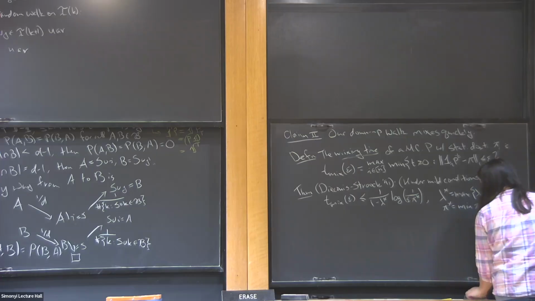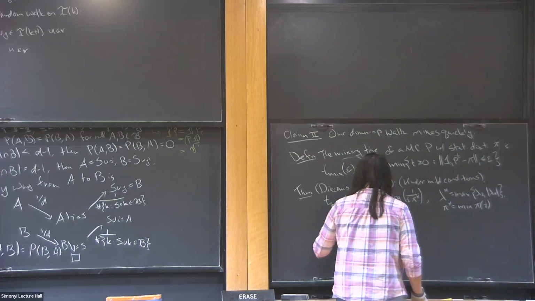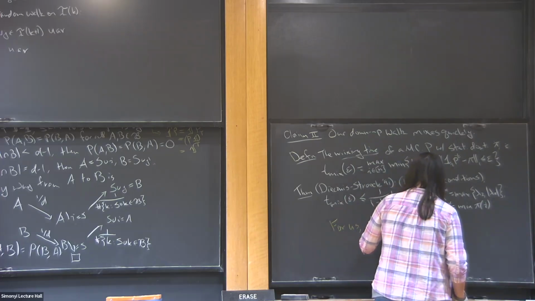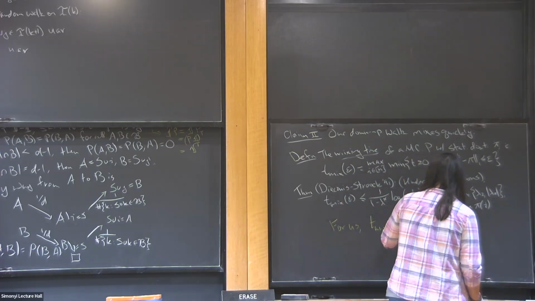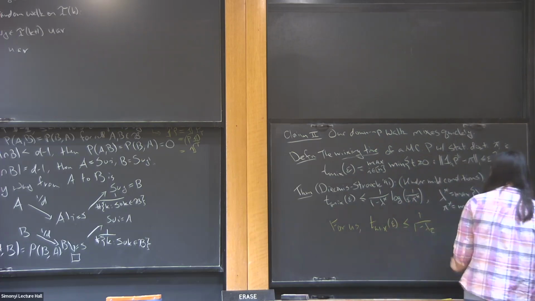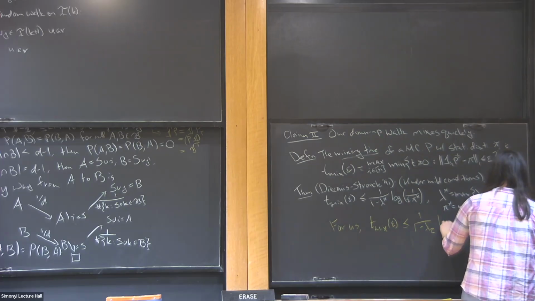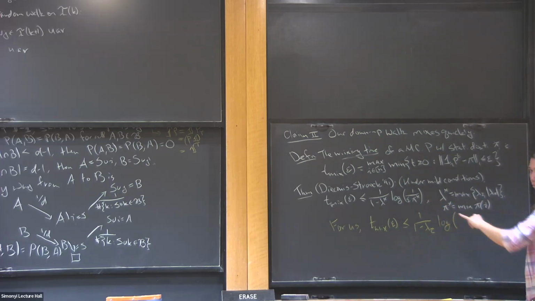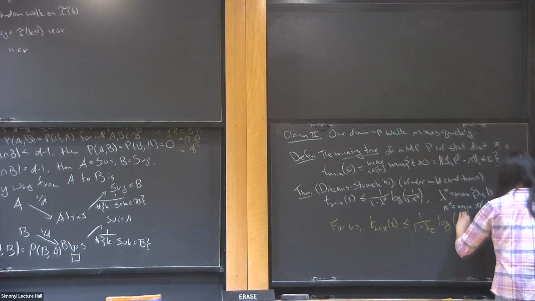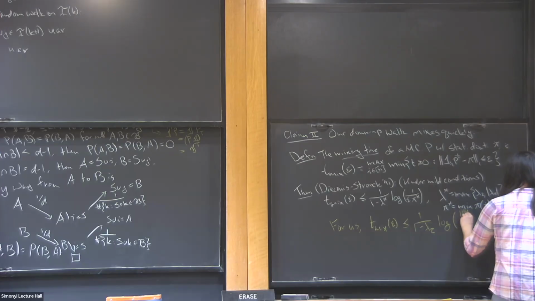So for us, T mix of epsilon is at most 1 over 1 minus lambda 2 times the log of the number of bases times 1 over epsilon, since pi star is 1 over the number of bases.